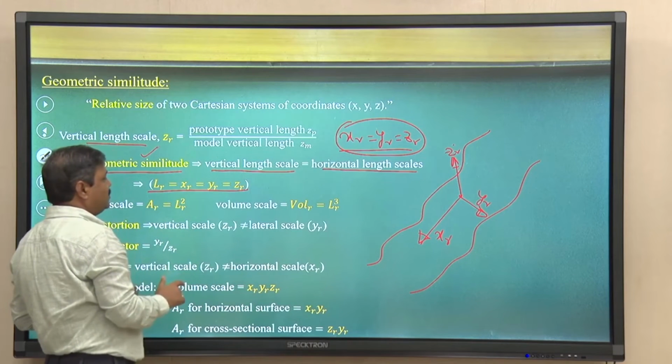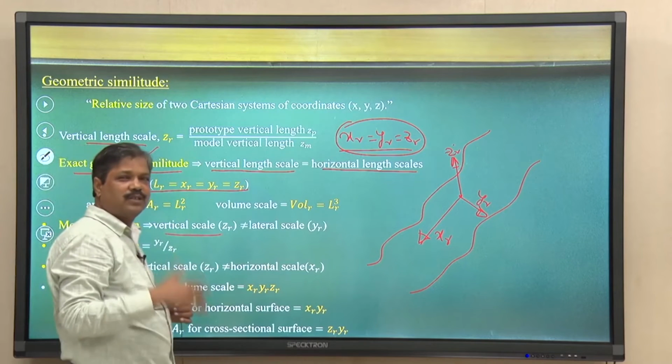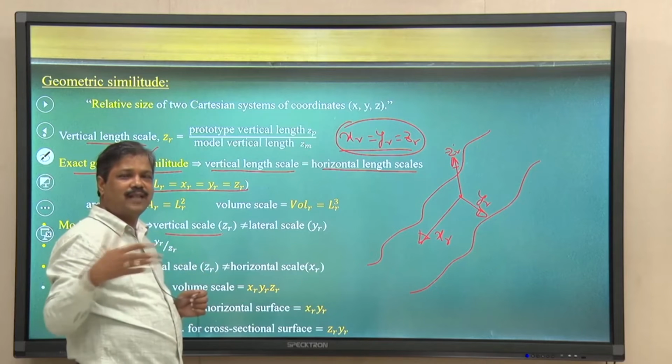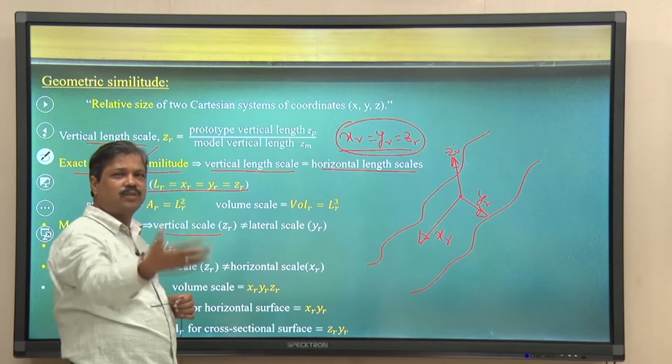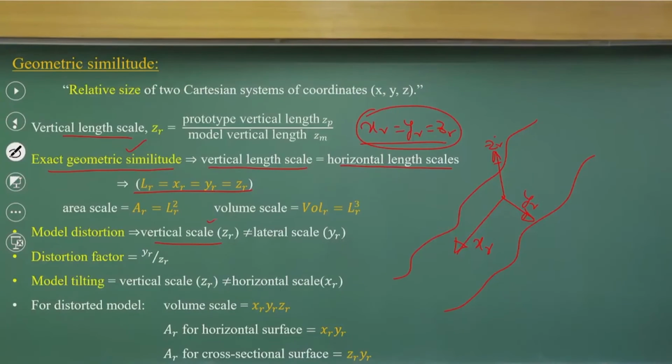But many times, as I said, the vertical depth of the rivers is much less compared to the width or the length. So we make the vertical scale different from the lateral scale. In that case, we have model distortions.